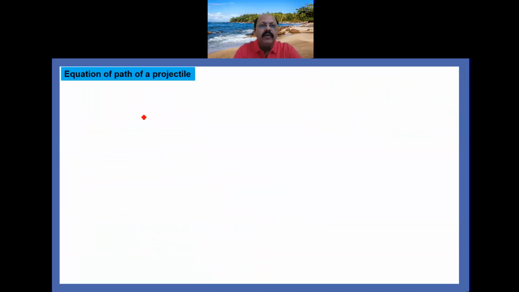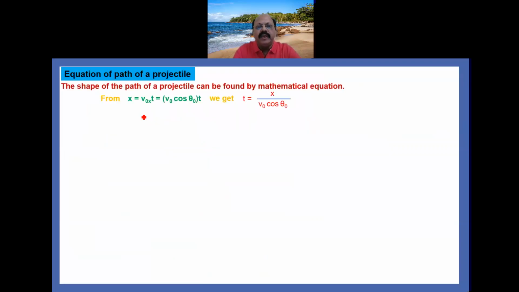Now, the equation of the path of the projectile. The shape of the path of the projectile we can find by using mathematical equations. On the x-axis, the distance x equal to v naught x t, and substituting the value of v naught x, x equals v naught cos theta naught t.